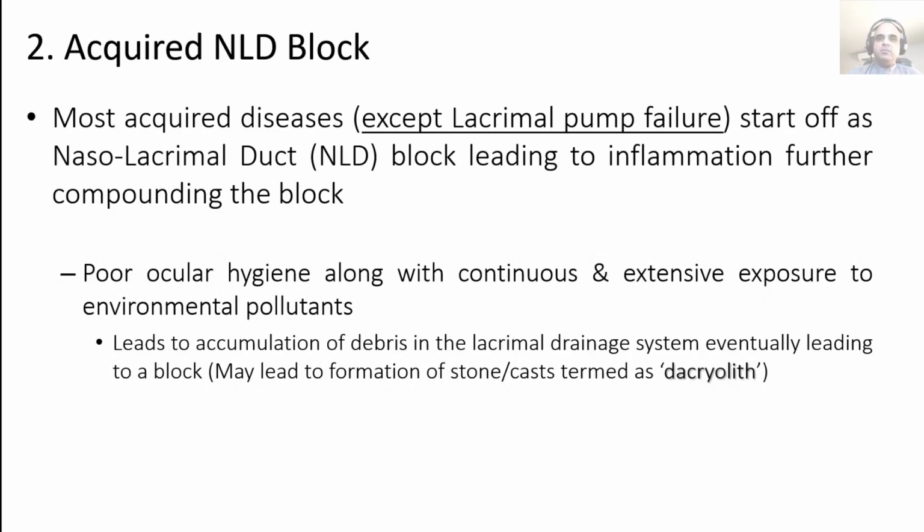And poor ocular hygiene, together with constant and extensive exposure to environmental pollutants, is the leading cause of an acquired nasolacrimal duct block. And many a times, although it might seem that these are really trivial issues, they are not under our control. What it does is it leads to accumulation of debris in the drainage system, which may form little stones or just simply block the passage.